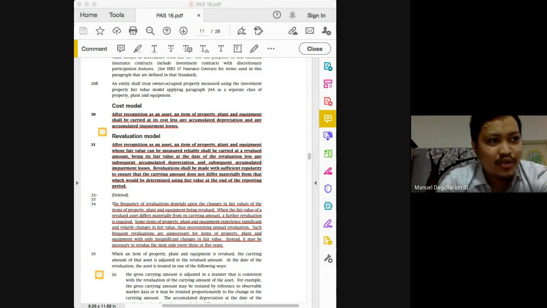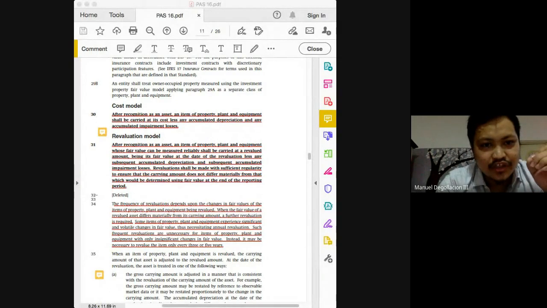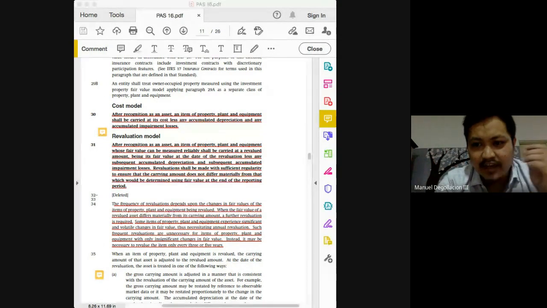So what do we do under the revaluation model, class? Under the revaluation model, we restate, we change the previous carrying amount of the PPE to its fair value. We change it to its revalued amount, and the revalued amount would be your fair value. So basically, the fair value model is just the revaluation model, but we do it a lot more often.